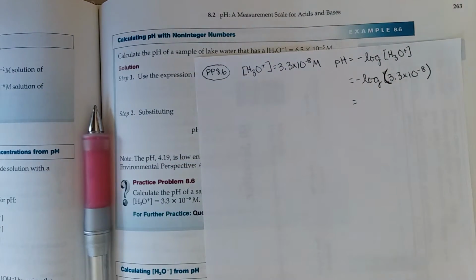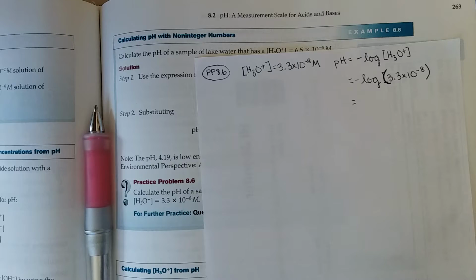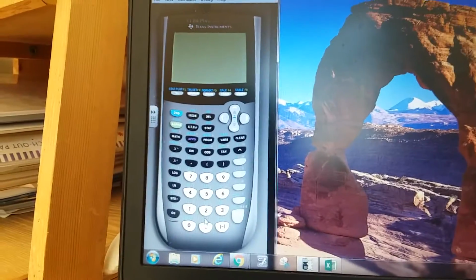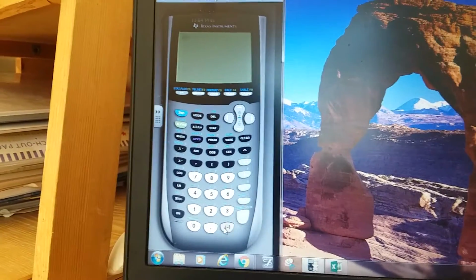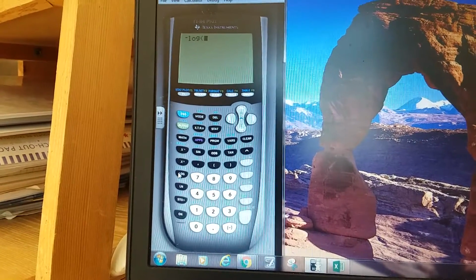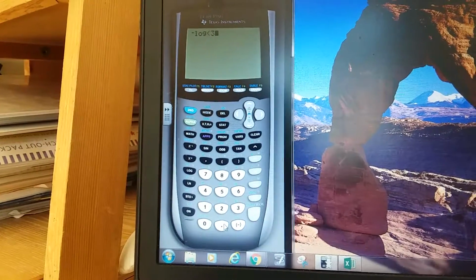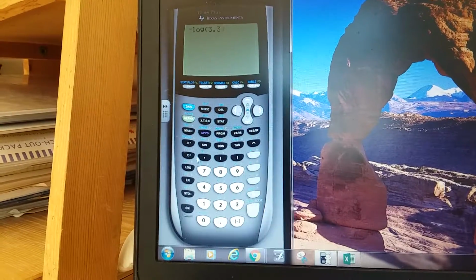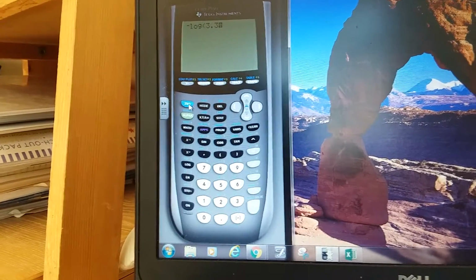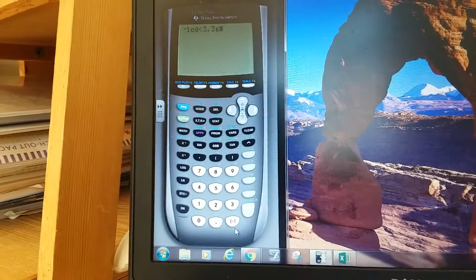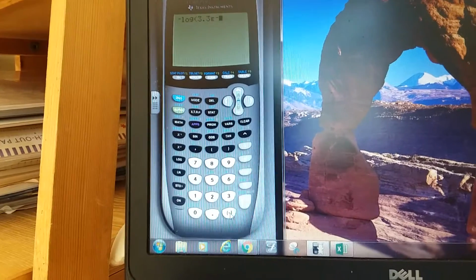All right, let's go over to the calculator. So, the calculator. I am going to say negative log of, what was it, 3.3, and I'm going to go second comma to get the scientific notation, and that was a negative 8.